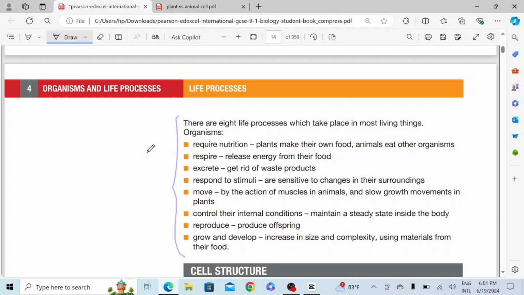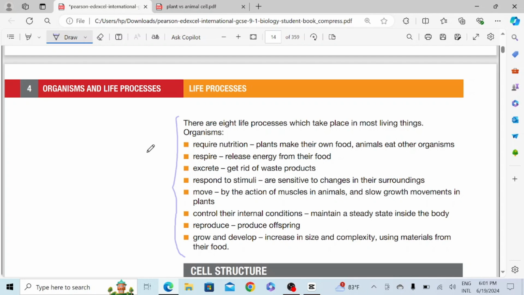Next, we have respire. I'd like to mention that oftentimes we think of respiration as breathing in and breathing out, but not necessarily in terms of biology, right?